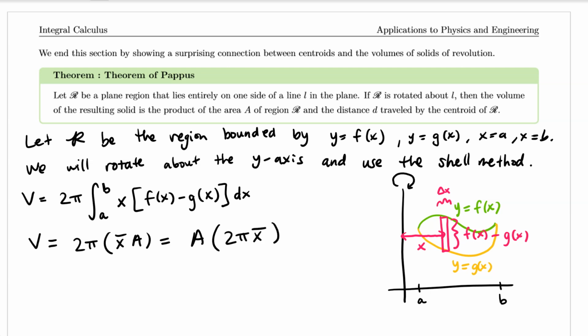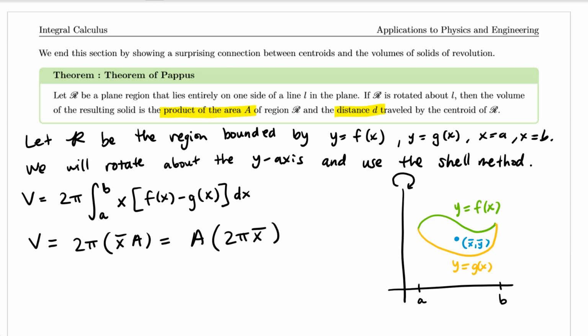Now, we have the area, which is what we're looking for because we want the product of the area of the region R and the distance d traveled by the centroid. So what I'm going to do is I'm going to draw my centroid. I'm going to estimate that it's about right there. And the ordered pair for this centroid is x bar comma y bar. And if I took the centroid and I rotated that about the y-axis, then the distance it would have traveled would be the circumference of a circle because it's traveling in a circular path.